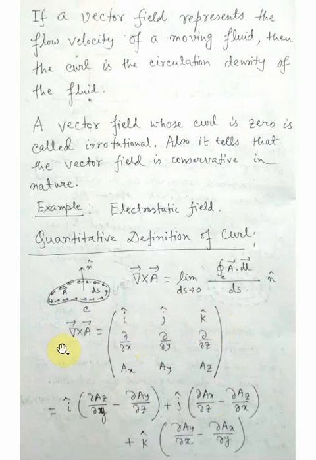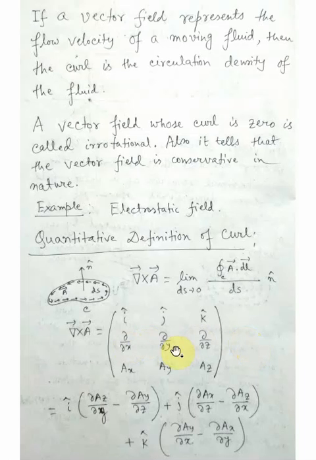You have done A cross B, so similar type of thing. Here you put ax, ay, az, then bx, by, bz. Instead of ax, ay, az here, we are putting the partial derivatives del x, del y, del z, because you know del is I cap del x plus j cap del y plus k cap del z.